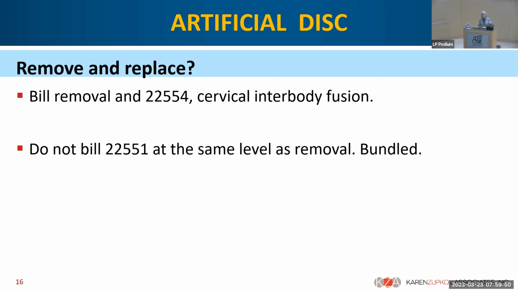What you're doing is fusing with an interbody device and bone graft, so you can bill the removal and the fusion code, the 22554. Right now, Medicare will eventually catch up on this, and they'll start telling us only bill 1. But right now, if you remove a cervical disc, you can also bill for the fusion at the same level.